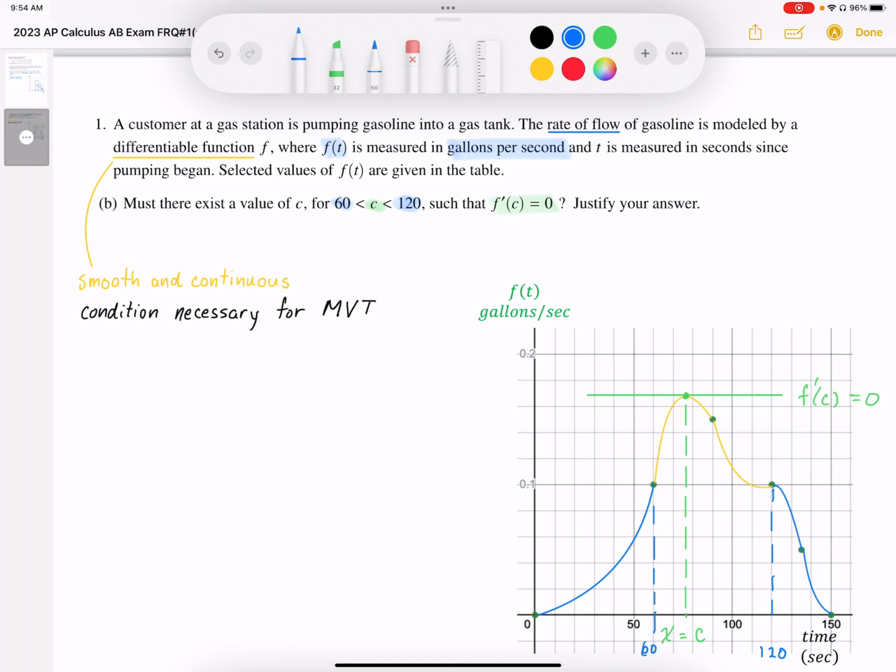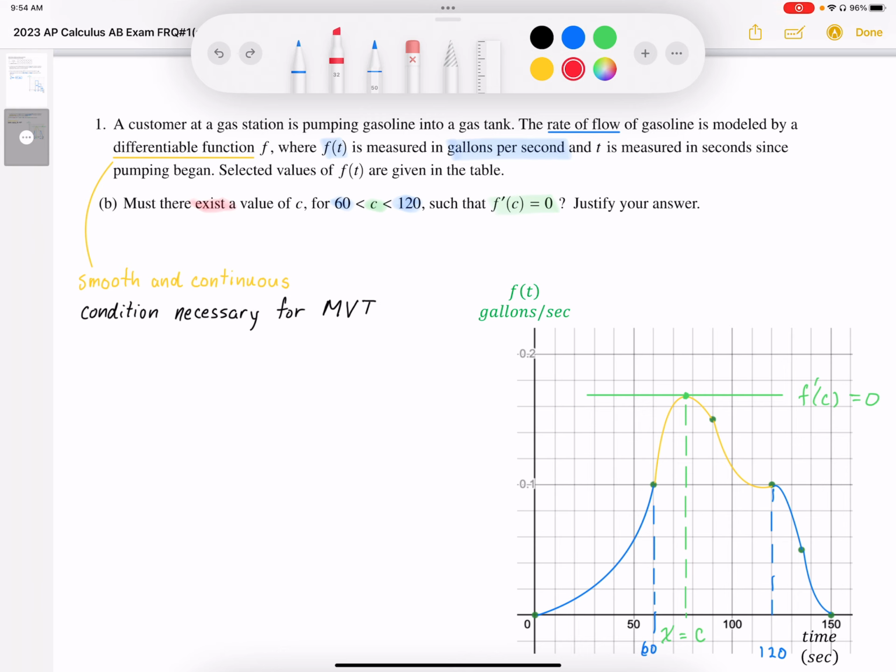And this is a necessary condition for MVT, or mean value theorem. In this case, this is an existence theorem, and we want to know that there exists some value of c, and that value c is going to be between 60 and 120.